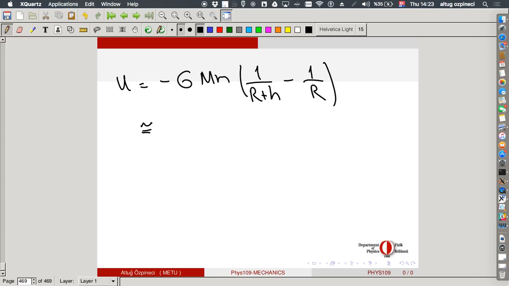Remember, P0 was chosen on the surface of the sphere, which now is Earth. So on one hand we have G M m times (1/r minus 1/(r+h)), and on the other hand this should be approximately equal to mgh.